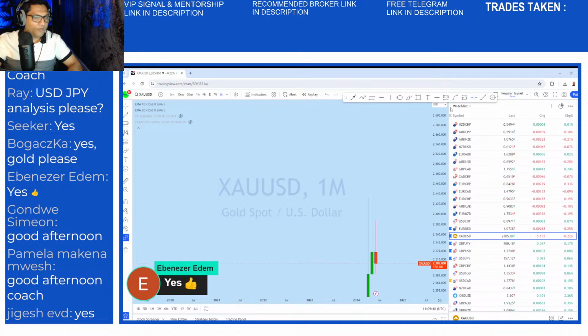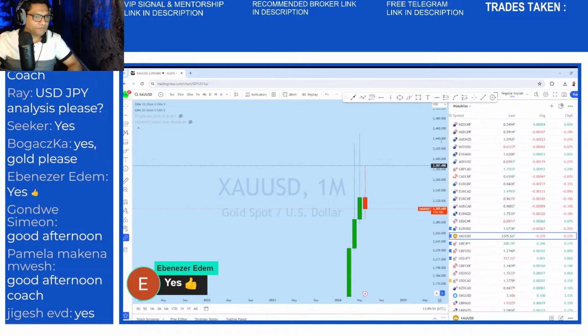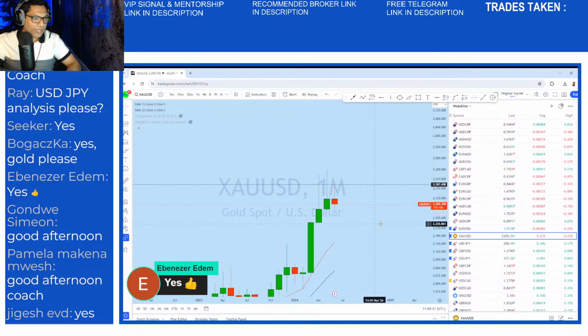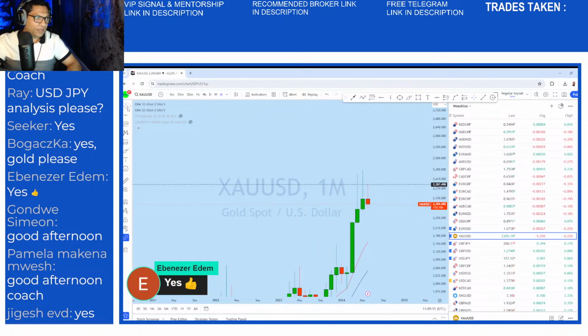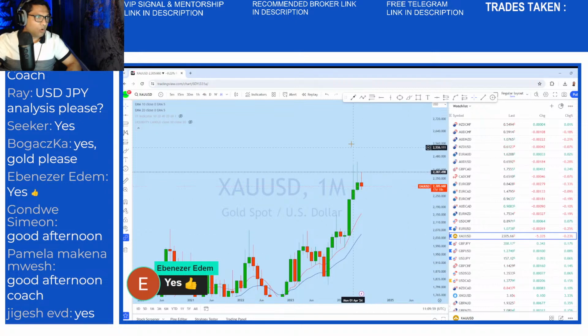After this impulse, if you look at the top of the monthly, the market has reached 50%. After reaching that 50%, we have seen that rejection on the monthly. With that rejection, I think that gold might drop below for a deeper pullback.